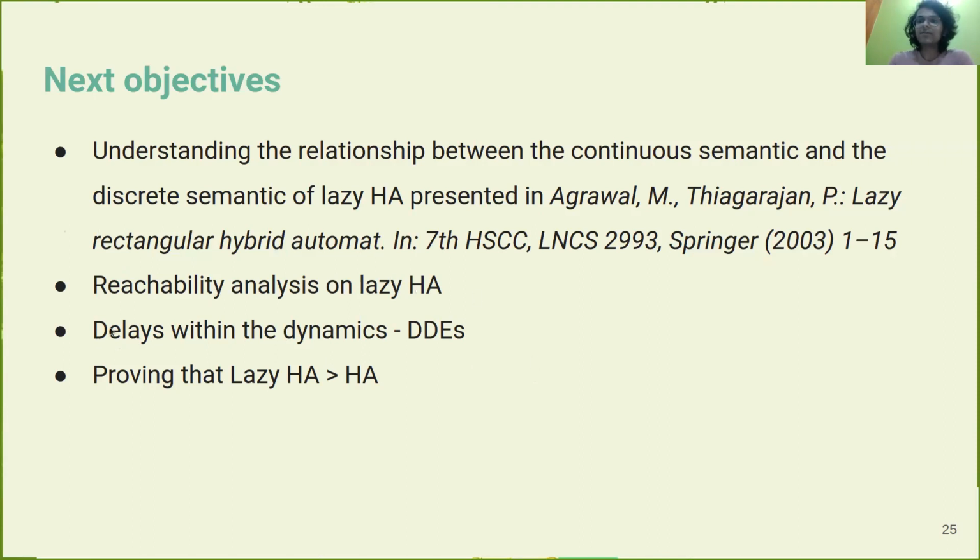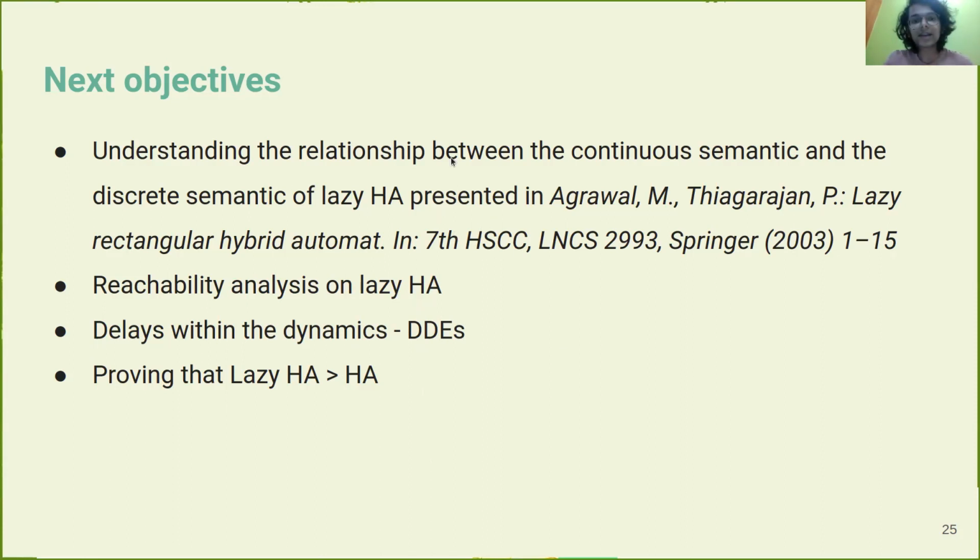That is, when we have delays in the observation of variables which do evolve within our system, then this would mean that the differential equations would depend on the value of a system variable held in the past, which would lead us towards considering delayed differential equations, or DDEs, within each discrete location, and also seeking a proof of the fact that lazy hybrid automata are strictly more expressive than hybrid automata.